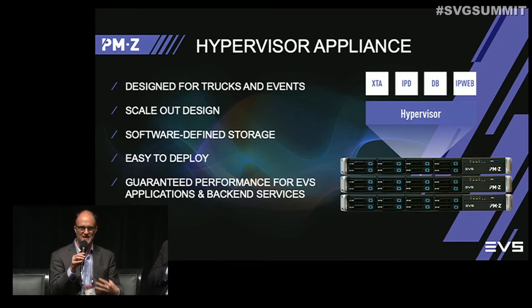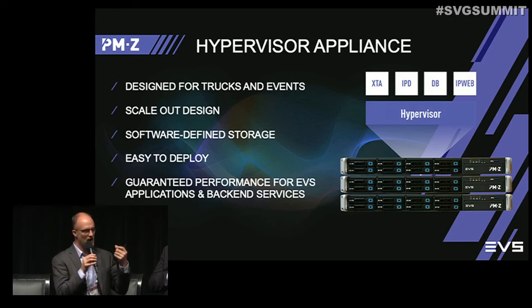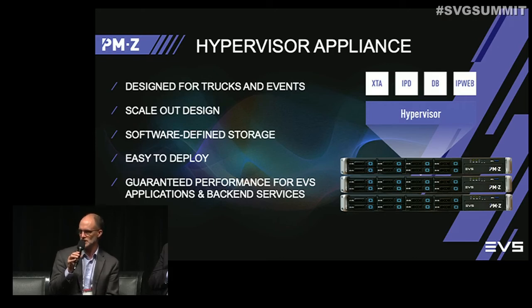If someone wants to get into virtualization and make it really easy to deploy, we've made our own little hypervisor appliance, a little one rack unit frame that can get you started. That gives you a certain amount of virtualization capacity, easy to deploy, and then as you need more power, you can stack those up and scale out that storage so that now you have the resiliency and the fabric that you talked about, that you engineer from a service side. This can bring it down to the average level event.